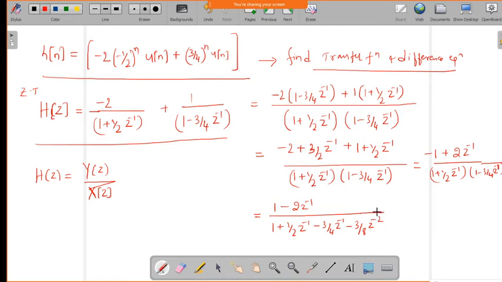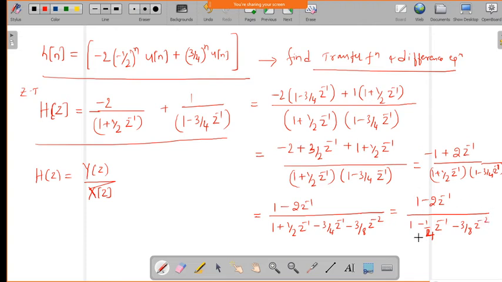So now we can write again 1 minus 2 into z inverse divided by 1, and now you take z inverse as common factor, so you will get minus 1 by 4 into z inverse minus 3 by 8 into z power minus 2.